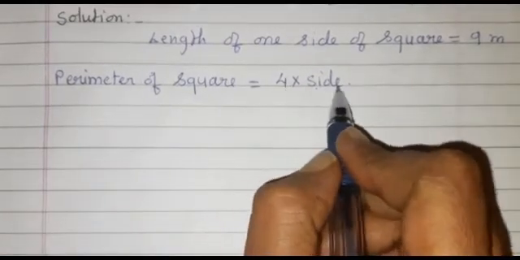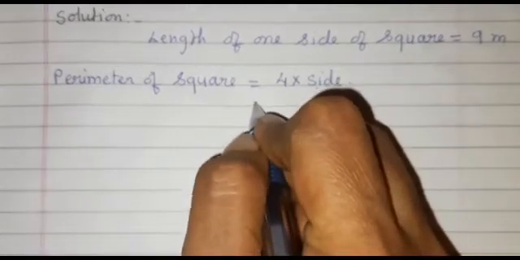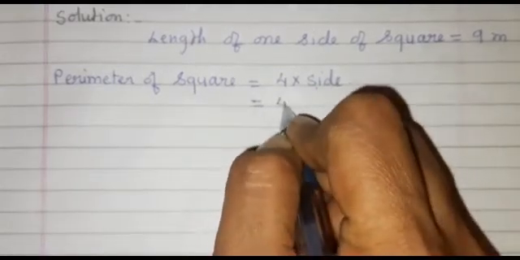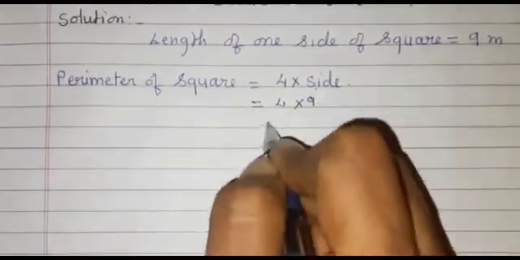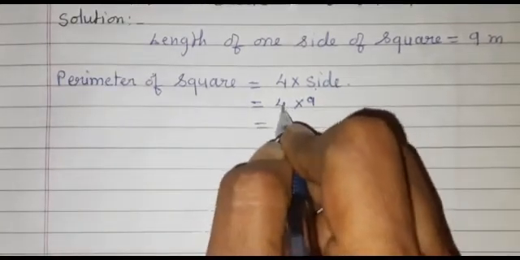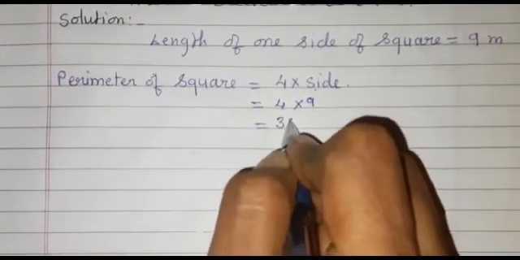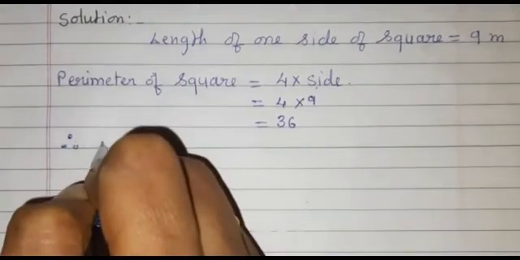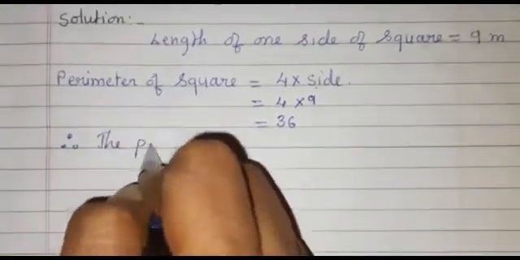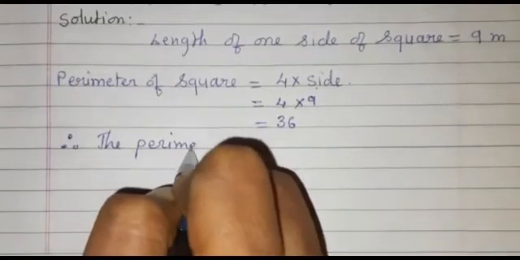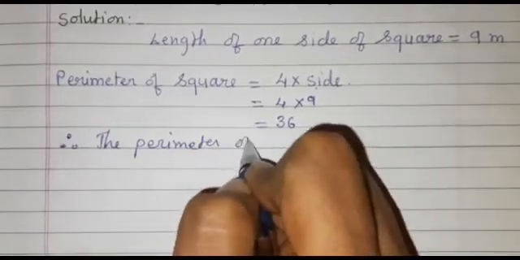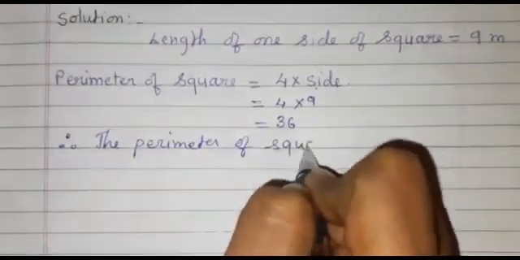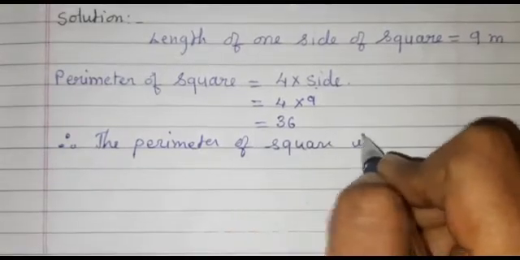So 4 multiplied by side, and 4 multiplied by side means 4 multiplied by 9. So 4 9s are 36. Here write 36. Therefore, the perimeter of the square is 36 meter.